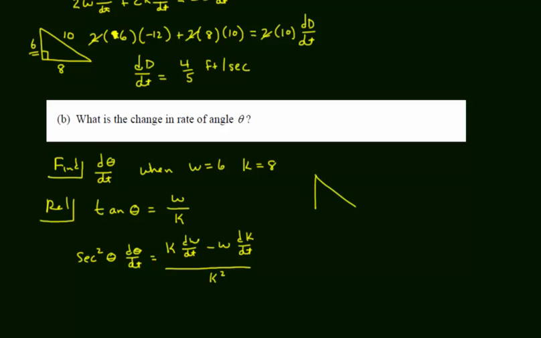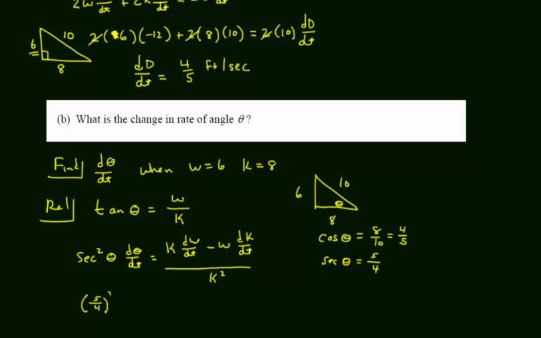And I'm going to come over to a snapshot. 6, 8, 10 triangle with theta. And I can say that the cosine of theta is 8 over 10 or 4 over 5, which makes the secant of theta, remember we're solving for secant of theta, we're not solving for theta itself, 5 over 4.